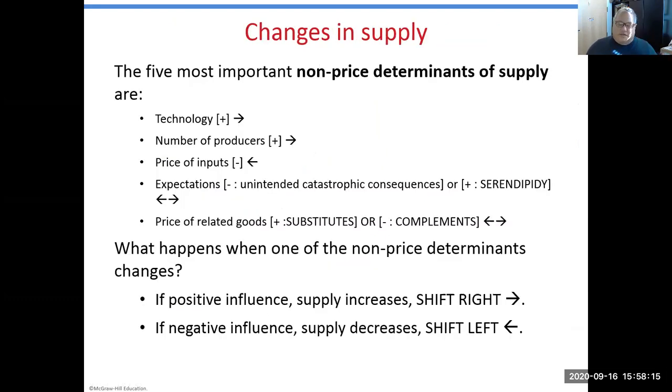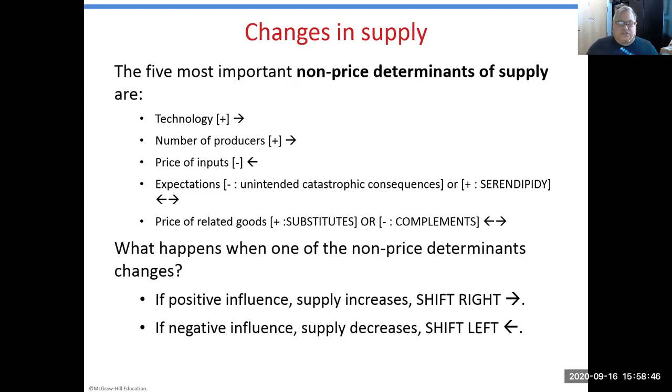Now, what might cause a change in the supply of the good? Well, we have the 5 more important non-price determinants of supply. A technological improvement should result in a rightward shift of the supply curve, and a technological drawback should result in a fallback on the supply of a commodity.